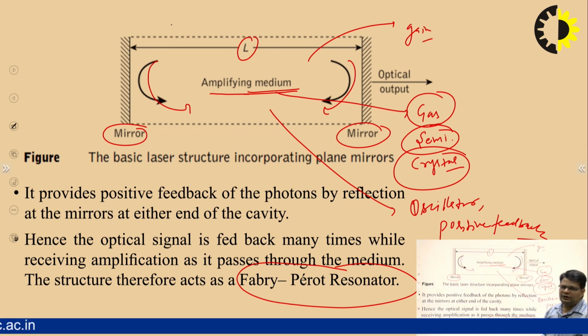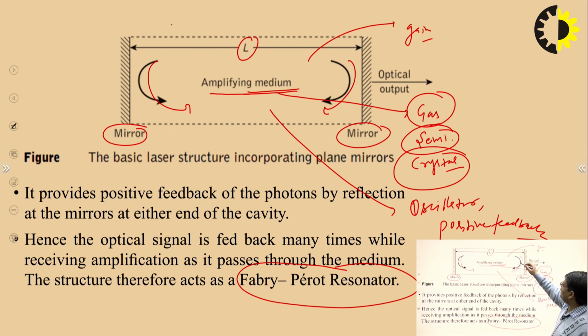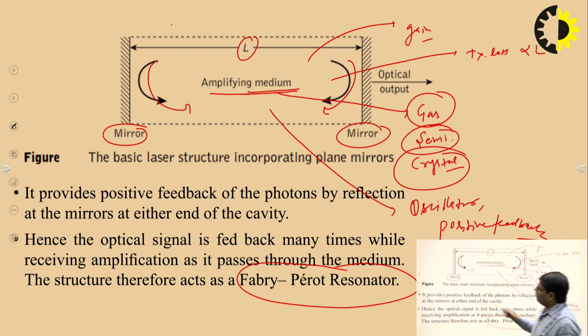Okay, but the main purpose of this gain will be firstly to neutralize the losses occurring inside the optical cavity. So inside the cavity there are different types of losses. For example, there is transmission loss because of the length of the cavity, alpha L. Both end mirrors will not be perfectly reflecting, so there will be reflection losses.